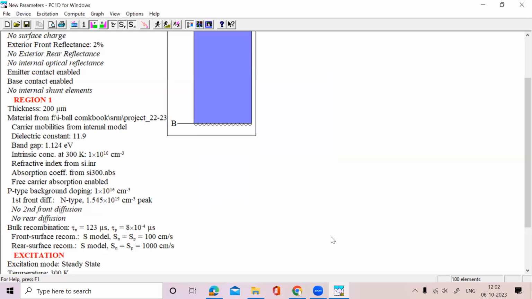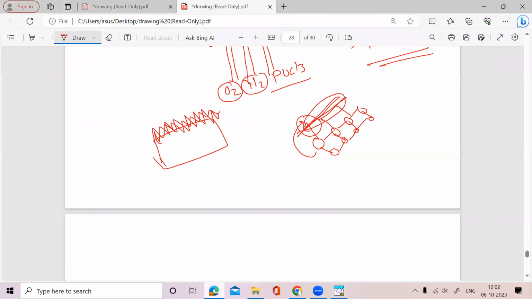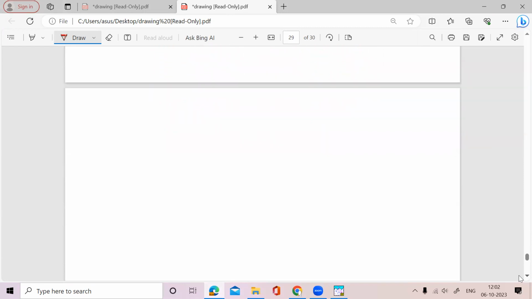Okay, so my model is already complete. Now I go into the fabrication process. In the fabrication process, what I told you, after diffusion, this is my cell.